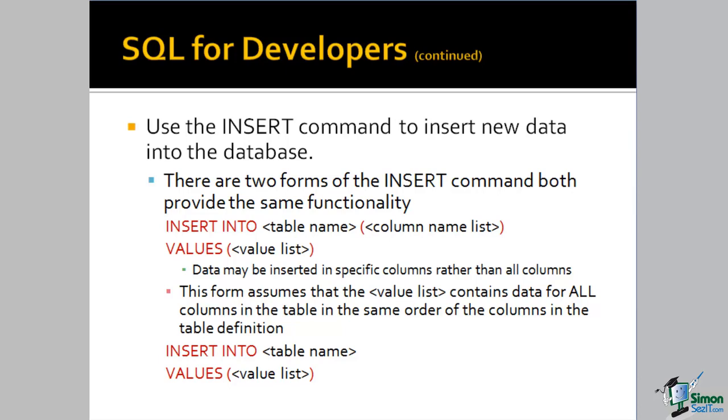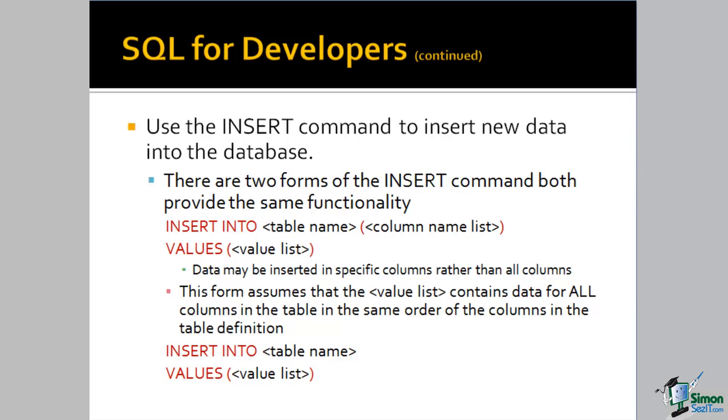In the short form, we skip the column list. We say insert into some table and the keyword values, and within parentheses, a comma-separated list of the values that we want to insert.